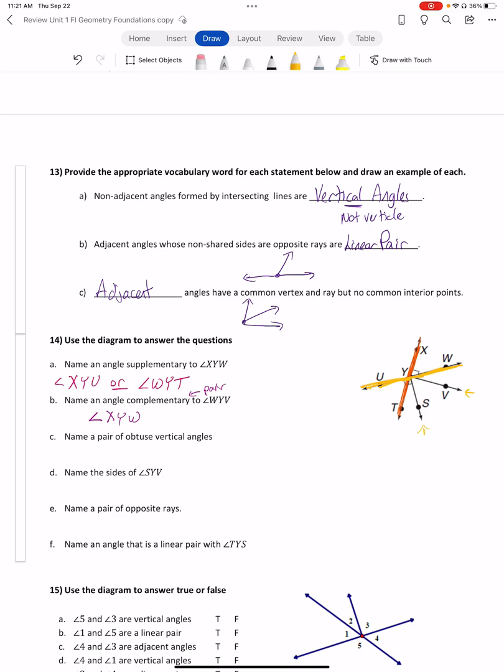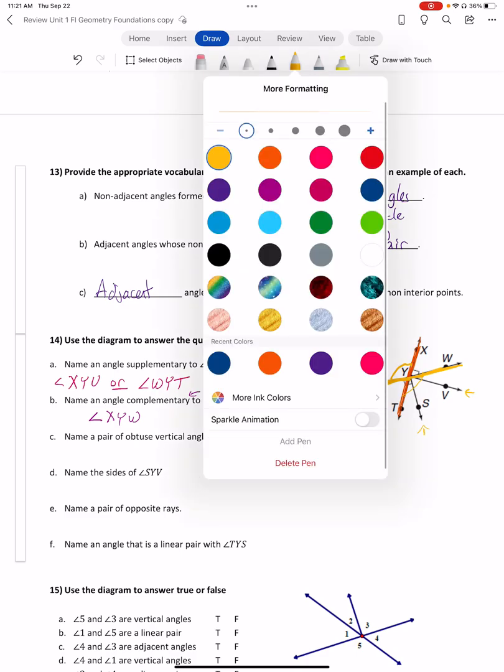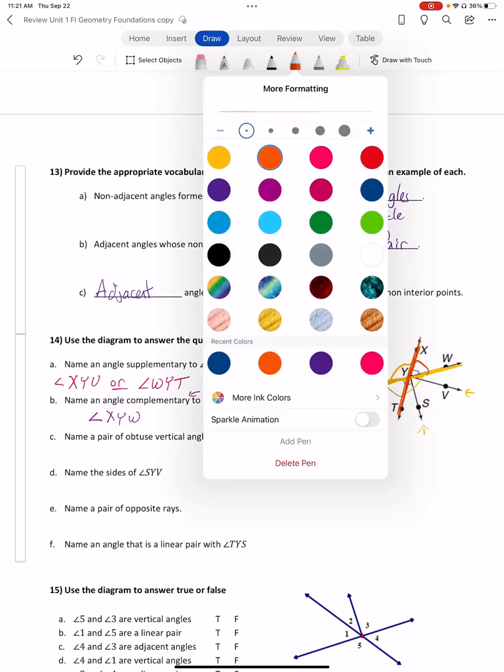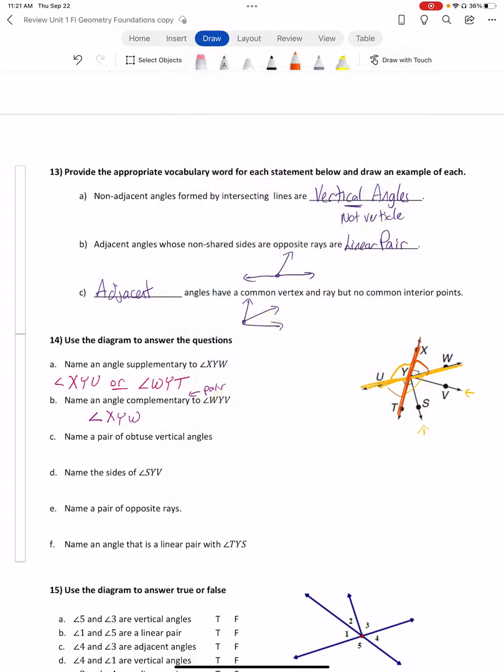So I know this angle and this angle are vertical, and this angle and this angle are vertical because they're formed by the same 2 lines. It says obtuse though, so we're going to go with these two angles here. So angle UYX or XYU and angle TYW or WYT.